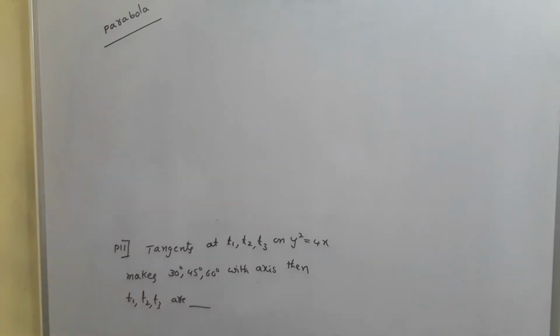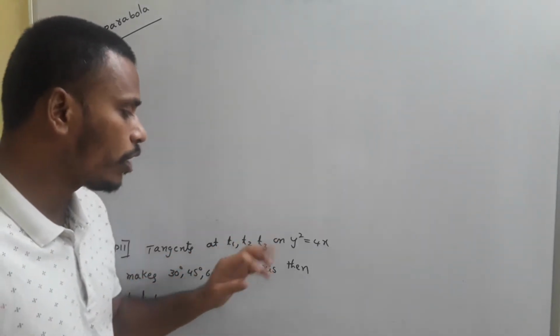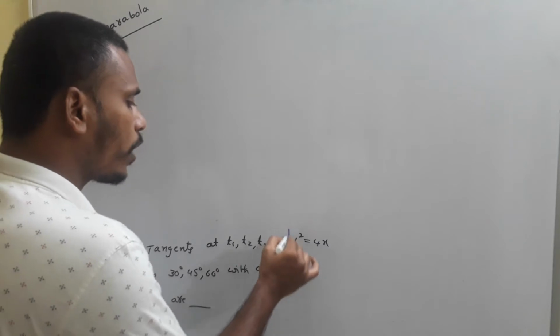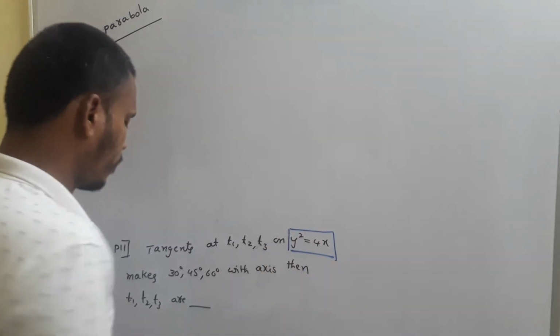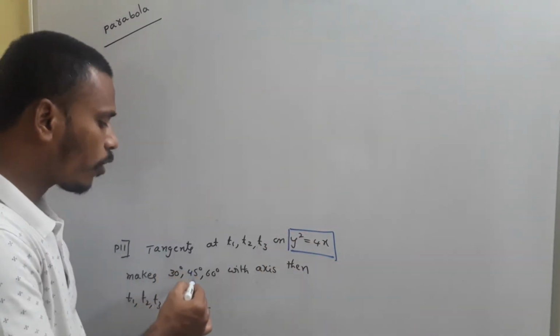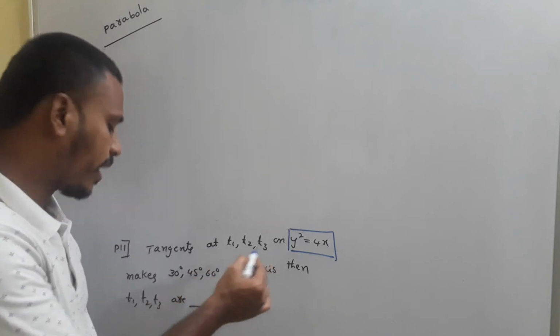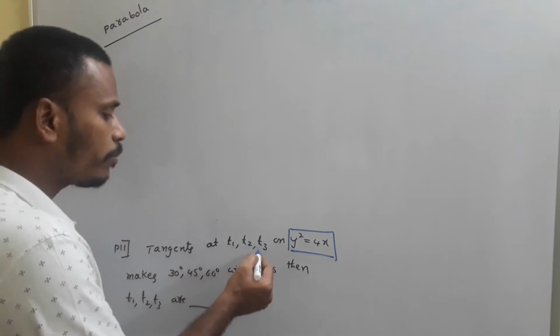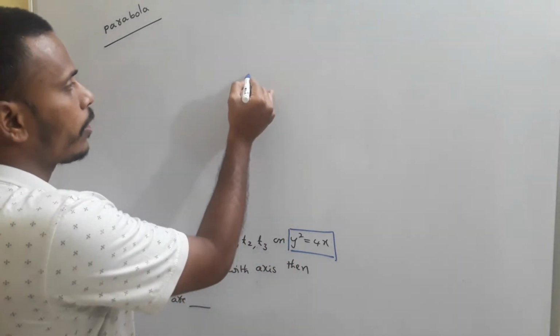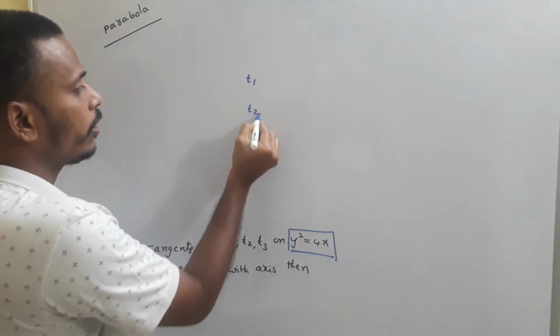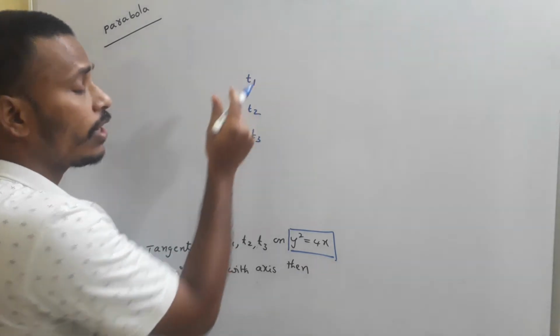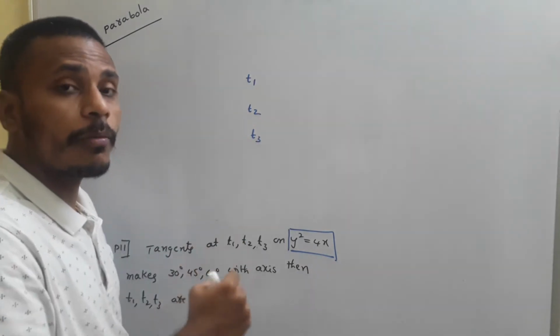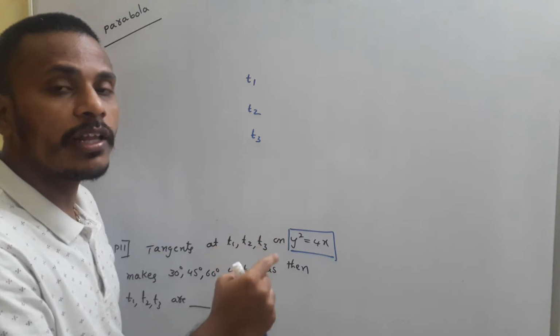Next problem. Say tangents at T1, T2, T3 on y square is equals to 4x make 30 degrees, 45 degrees, 60 degrees angles with the axis. Then T1, T2, T3 are. See, there are 3 points on the parabola. Okay. So those points are T1, T2, T3. T1 in the sense it is of the format AT1 square comma 2AT1.